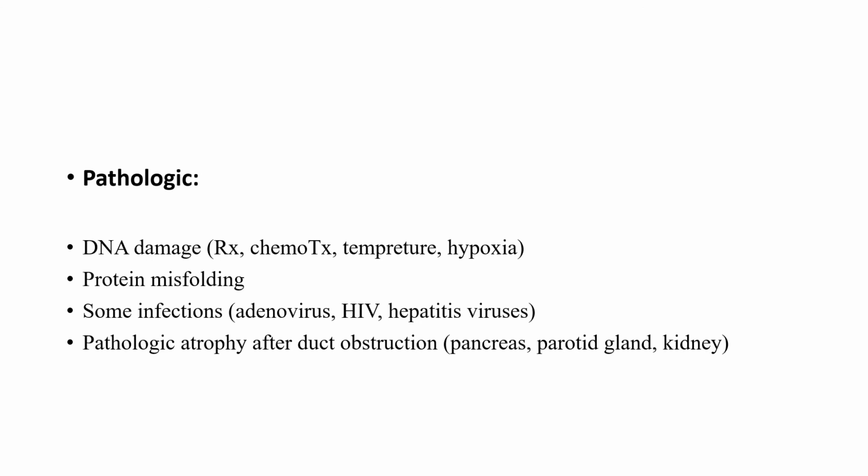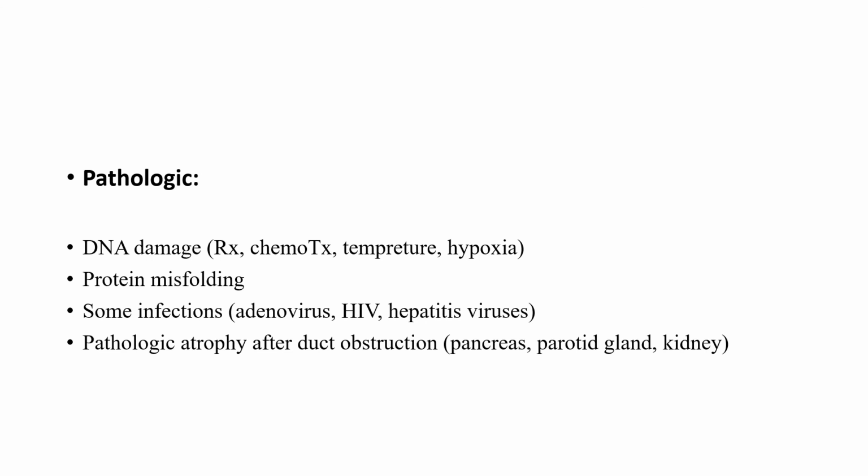This is a pathologic apoptosis. بروتين misfolding لما يتراكم بروتينات الفولدنج تبعها abnormal داخل السيتوبلازم of the cell، هاي البروتينز ممكن تعمل ستريس على الخلية، وبالتالي هاي الخلية بنتخلص منها عن طريق الابوبتوسيس.